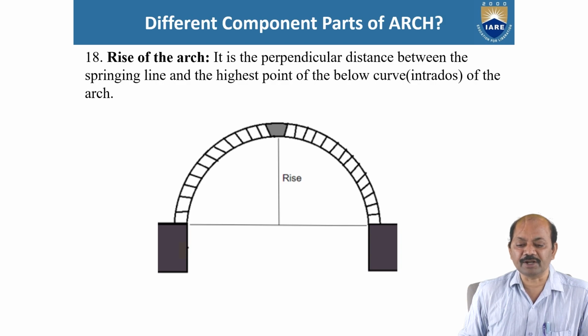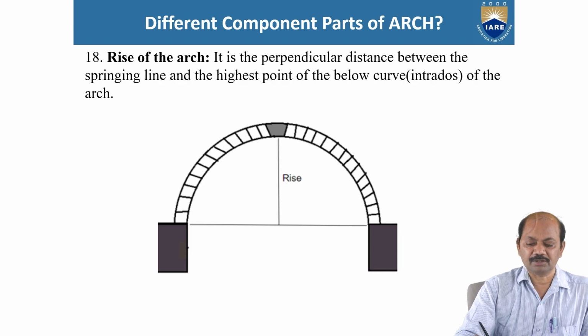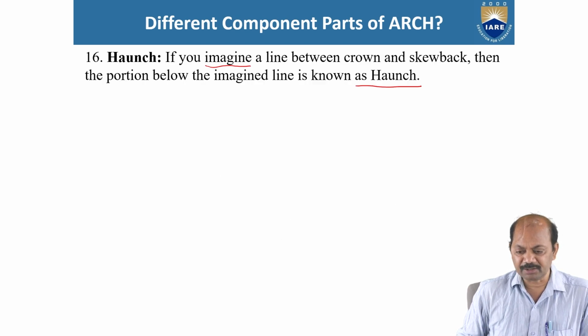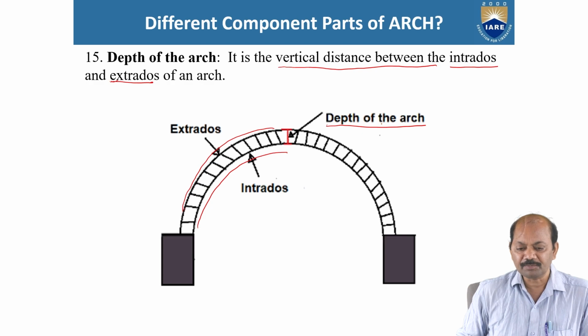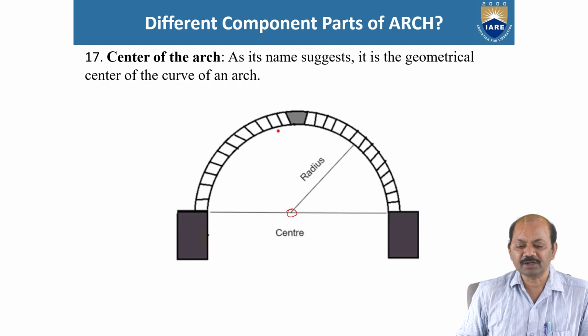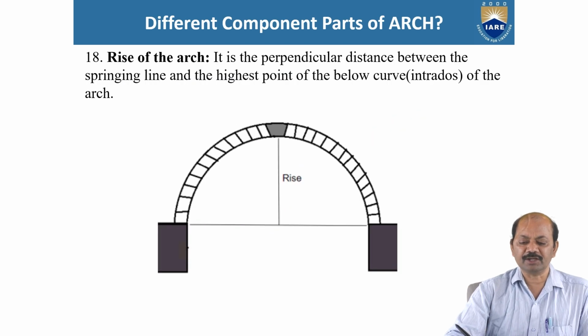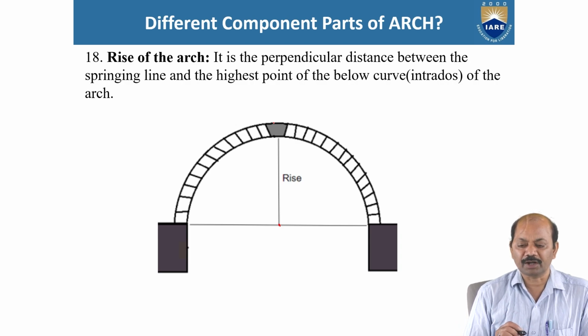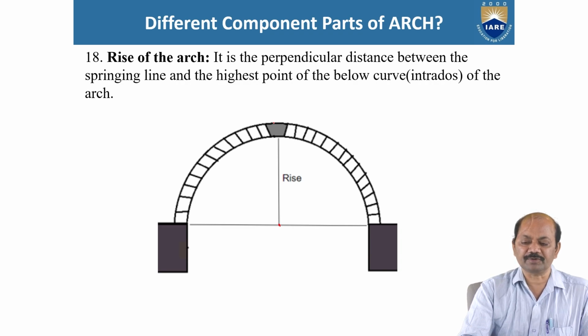Okay, now we'll go to the last part, the 18th. That is rise. Previously I told you in the previous slide, don't get confused: the depth of the arch and the rise of the arch are different. Rise means this, from the center of the arch to the crown, the highest point below the curved surface.